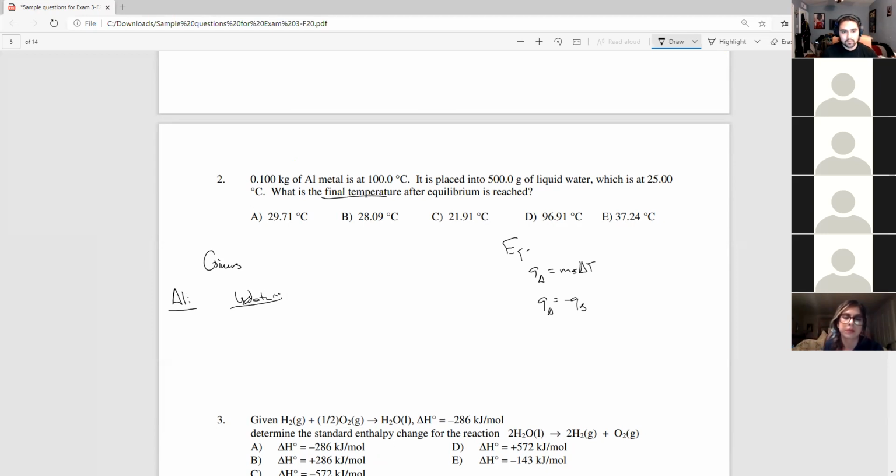The mass of aluminum is 0.1 kilograms, and what is this in grams? 100 grams. Yeah, 100 grams.